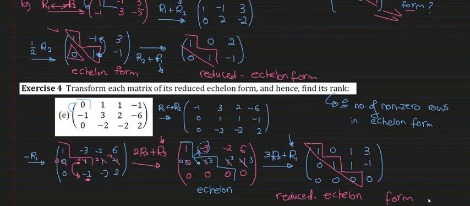We need then to get the rank, because it was indicated here to find the reduced echelon form and hence find the rank. And we said that the rank is the non-zero rows in the echelon form. The non-zero rows, versus what?